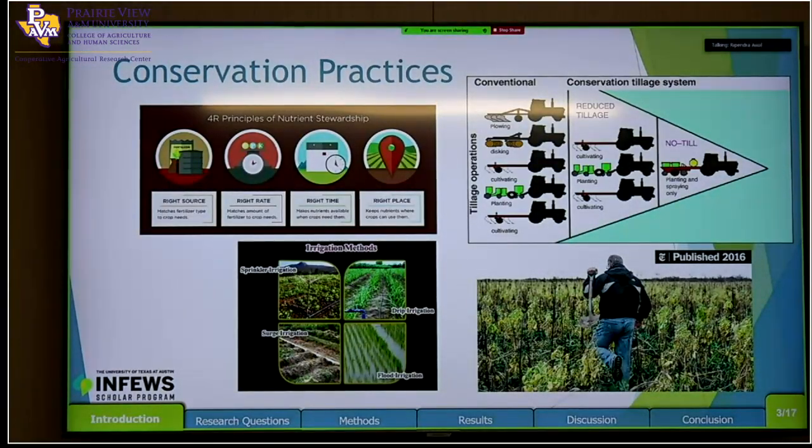There are several conservation practices that you can use to reduce greenhouse gas emissions in your agriculture, plotted land, and livestock. Those are tillage operations, using cover crops, different irrigation methods, because irrigation requires energy and therefore produces greenhouse gas emissions. So that's more of an indirect greenhouse gas emission. And different fertilizer types.